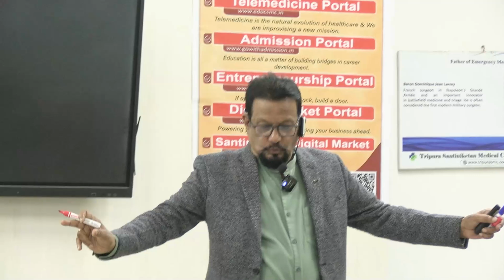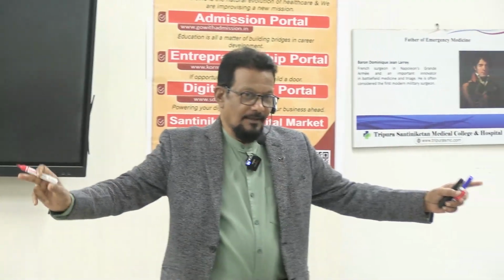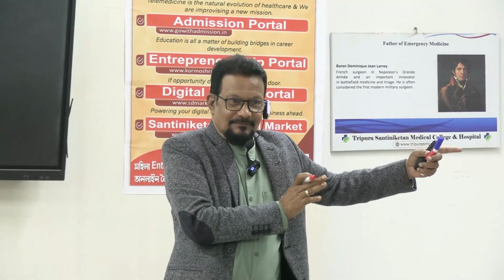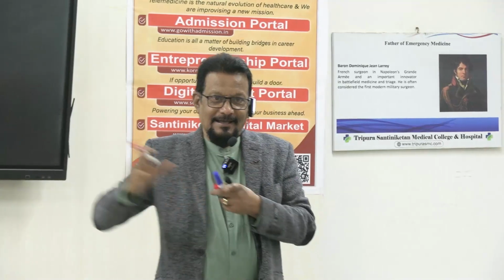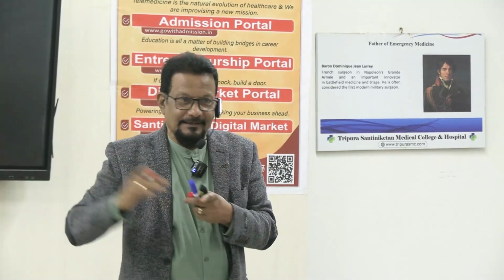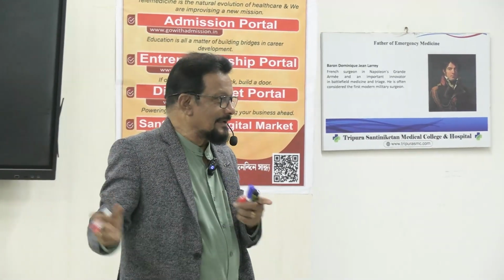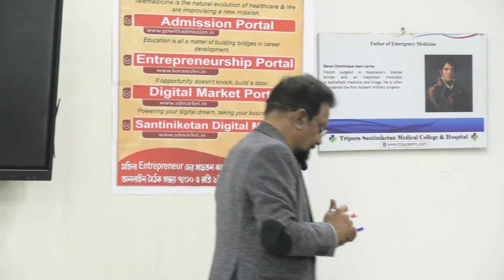So we can see there are two neurons. One is preganglionic, before the ganglia, and another is after the ganglia, post-ganglionic. In the sympathetic nervous system, preganglionic fibers are short, post-ganglionic fibers are long.